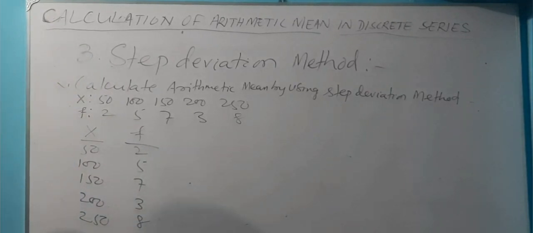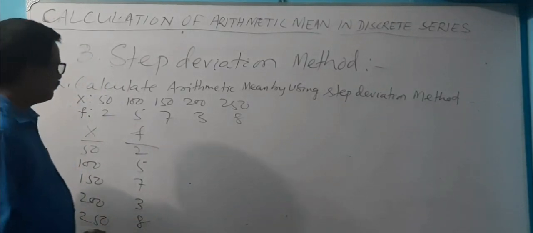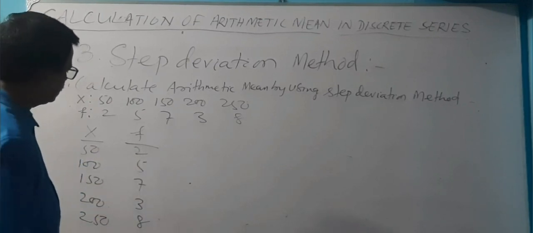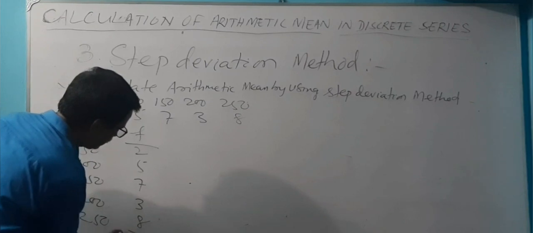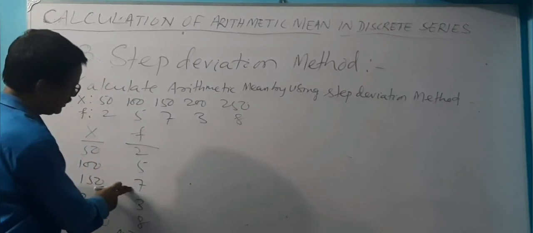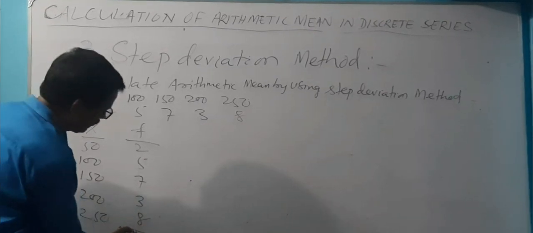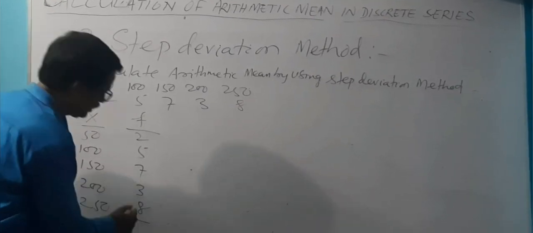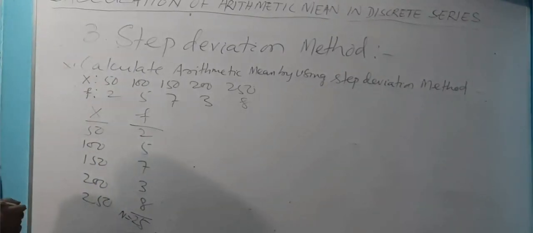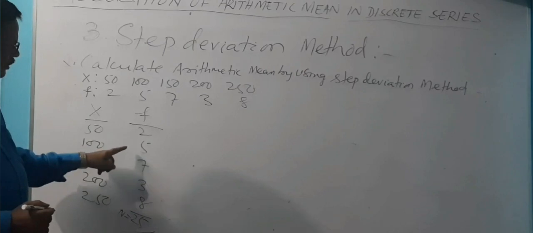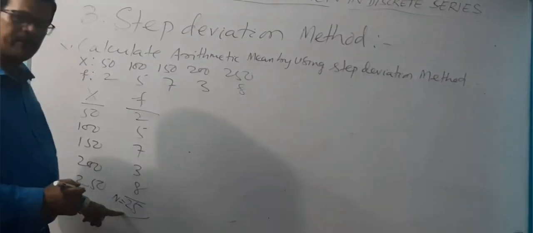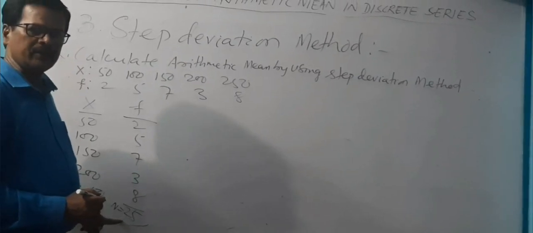Now, what to find? By adding f values, we can get n, no doubt. So n is equal to 2, 5, 7, 7, 14, 17, 8, 25. Add f values. 2, 5, 7, 3, 8 gives rise to 25. So summation f is equal to 25 or n is equal to 25.